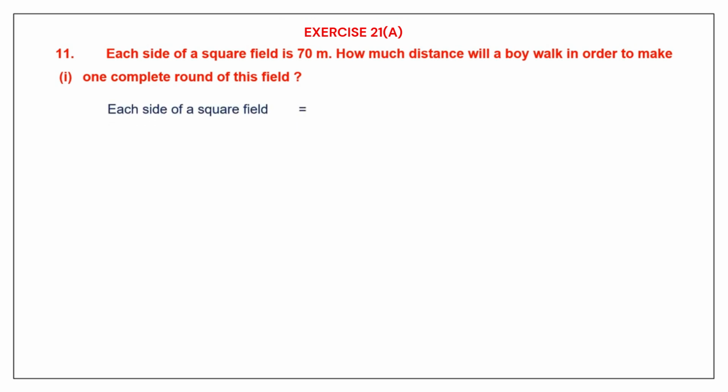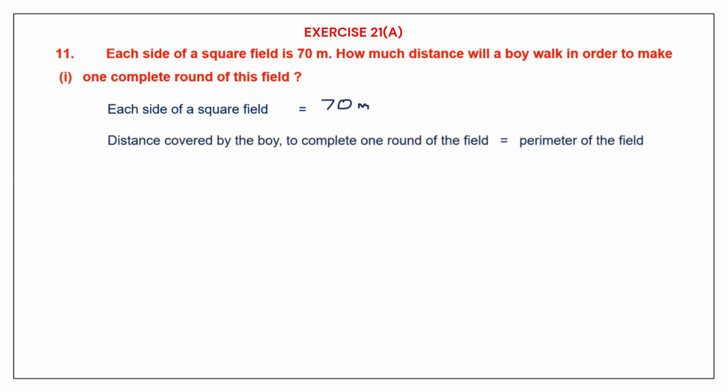So each side of a square field is given as 70 meters. Distance covered by the boy to complete one round of the field will be equal to the perimeter of the field. That means we need to find the perimeter. So perimeter of a square is 4 into side. So for the square field here it will be 4 into side, that is 4 into 70 meters.